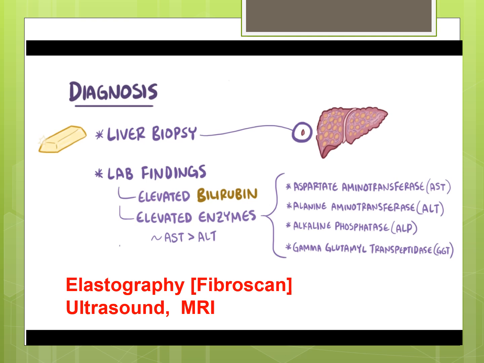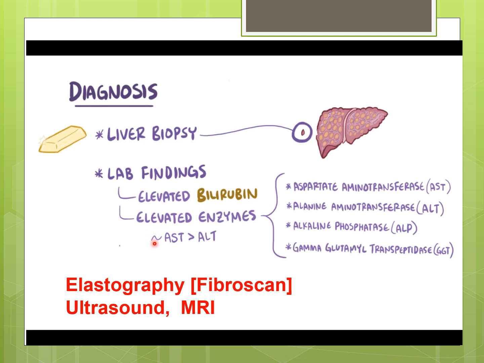Okay, to diagnose cirrhosis, liver biopsy is considered the gold standard. It takes a tiny piece of liver tissue by needle biopsy, and then we see it under the microscope. The lab findings will show, of course, elevated bilirubin and elevated enzymes. These are called LFTs. All these we have just gone through in the beginning.